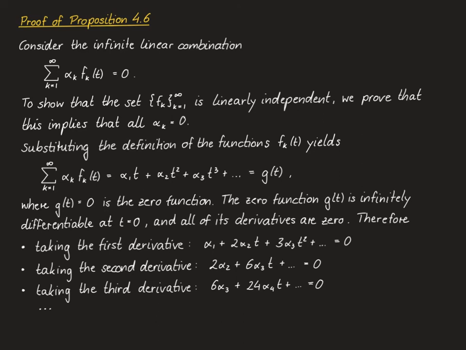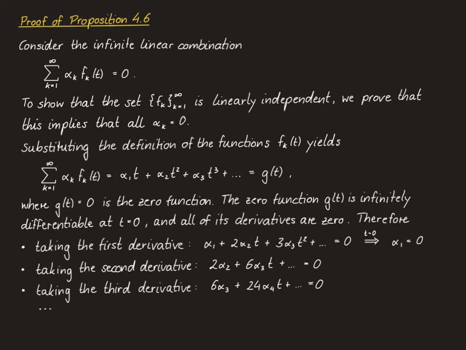The first derivative of this infinite sum is equal to alpha 1 plus 2 alpha 2t plus 3 alpha 3t squared and so on. The first derivative of the right-hand side is equal to 0 because g of t is the 0 function. If we substitute t equal to 0 here, then all of these terms of higher order drop out, and we're left with alpha 1 needing to be equal to 0.